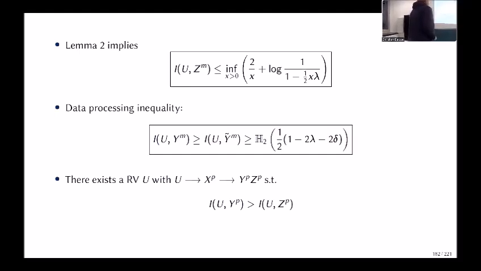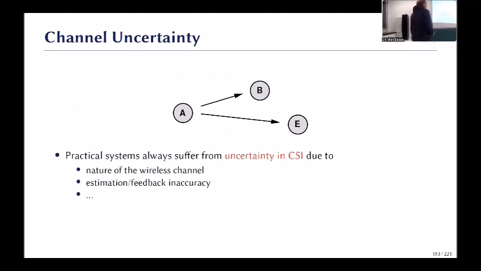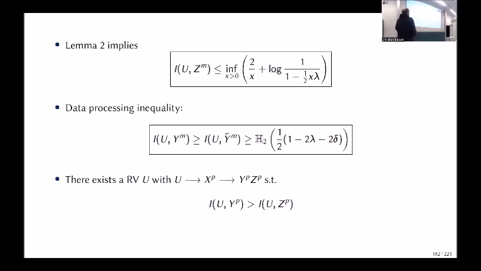And with this lemma, together with the data processing inequality, we can prove that really the mutual information between U and Y is bigger than the mutual information between U and Z, and therefore our converse is done.